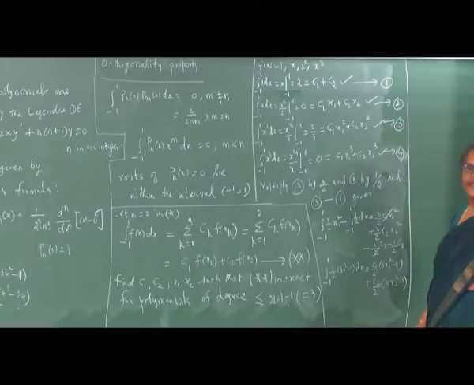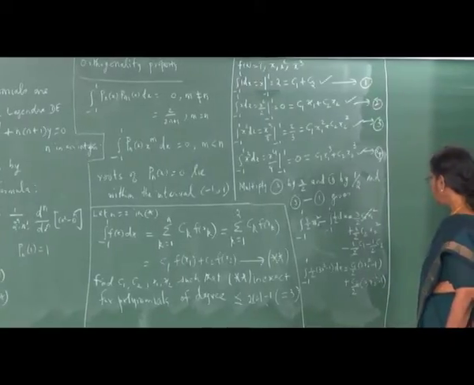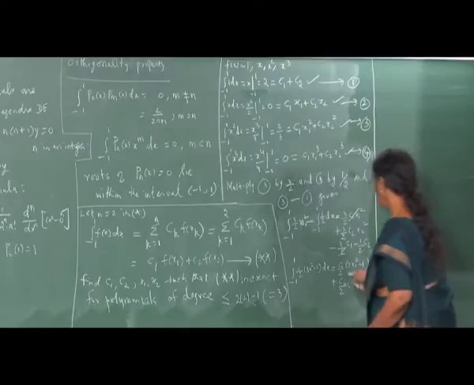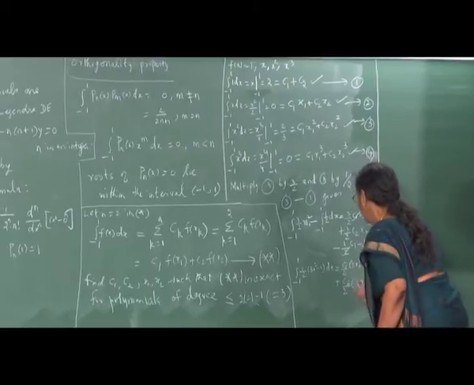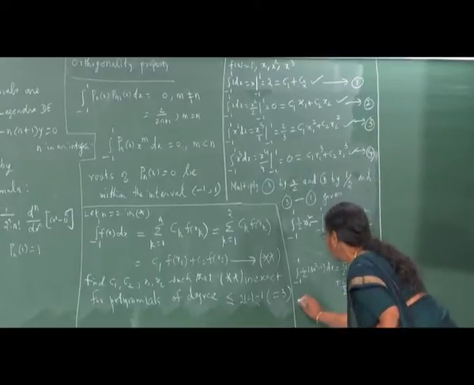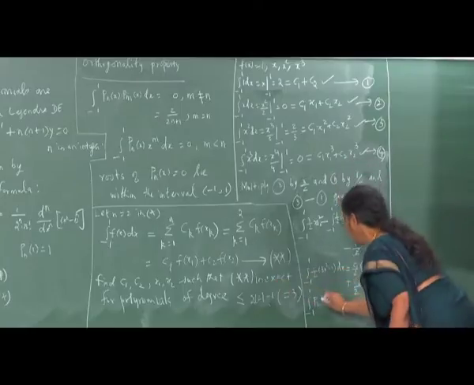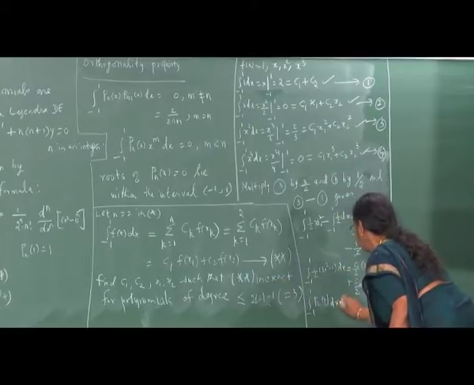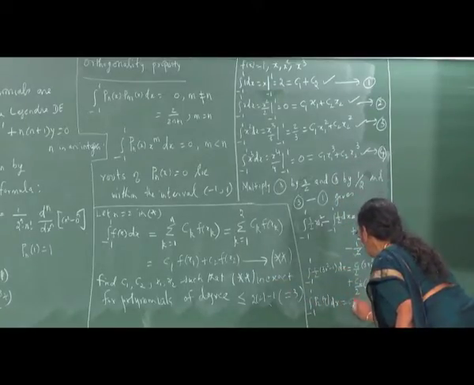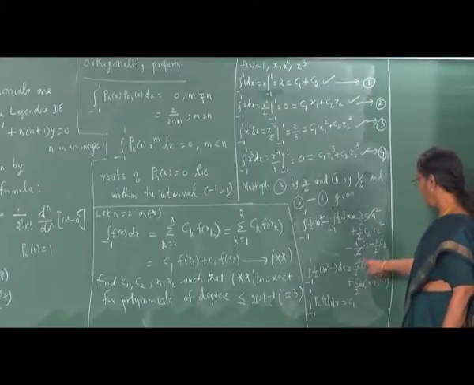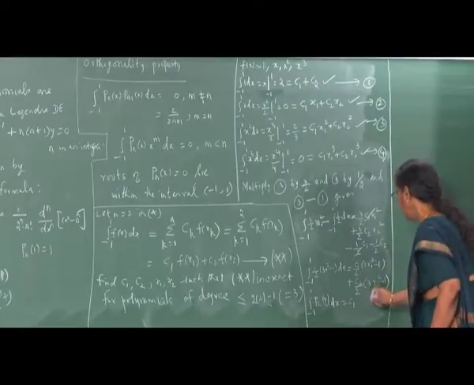So, now it must be clear to you what it is that we have here. We have integral minus 1 to 1 p2 of x dx is equal to C1 into, what is half of 3x1 square minus 1?